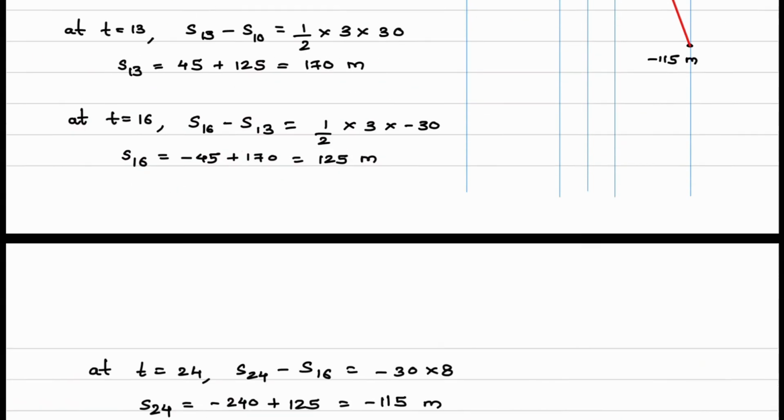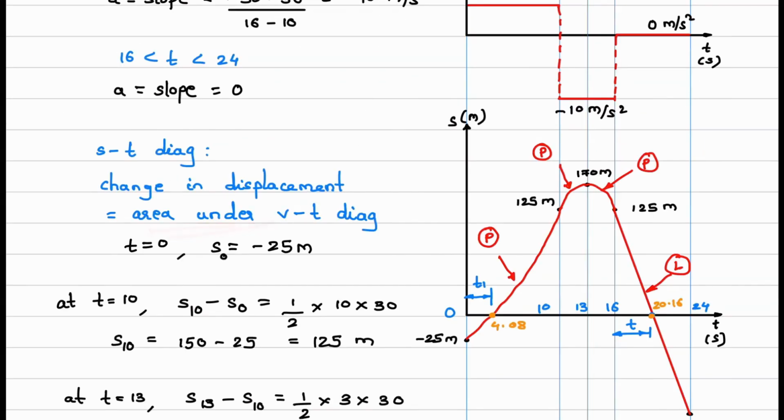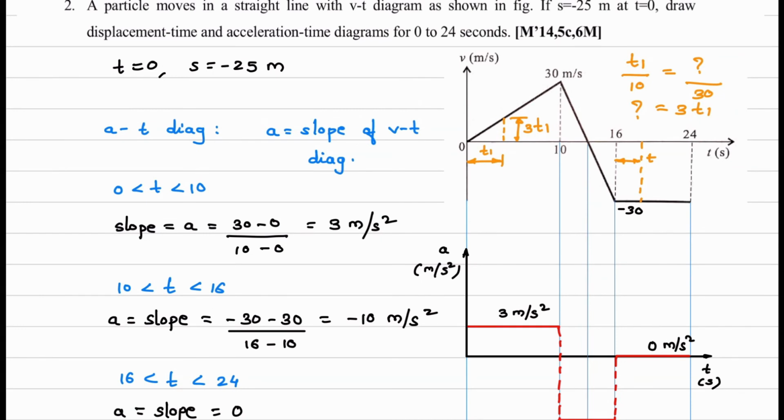When we are taking the area part, we calculate point by point. So when t is equal to 0, S0 is how much? Minus 25. It is given in the question. Now when t is equal to 10 seconds, what will be the change in displacement? It will be S10 minus S0 is equal to the area under the VT diagram.